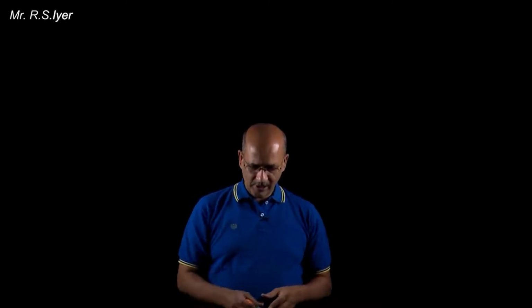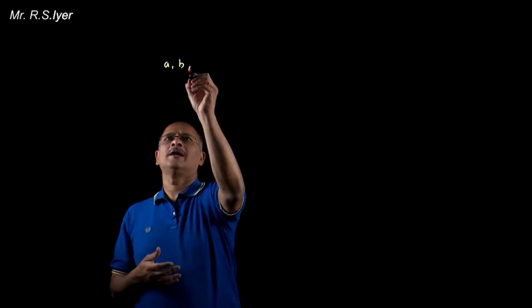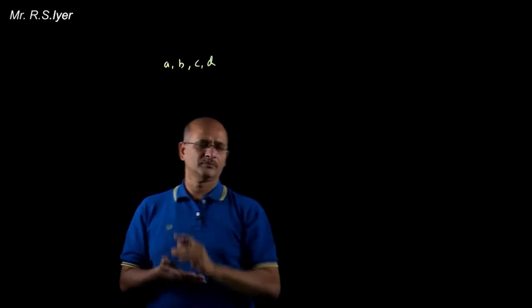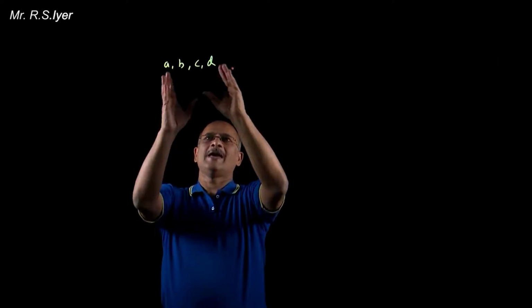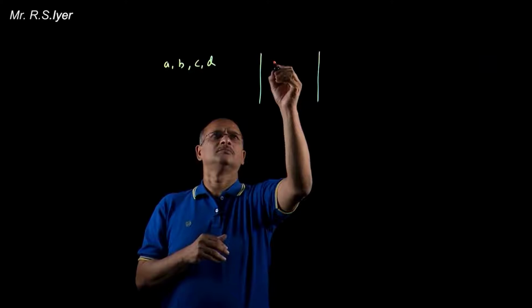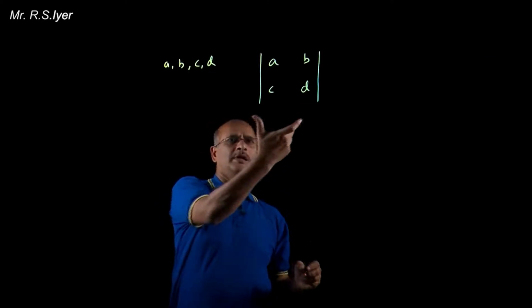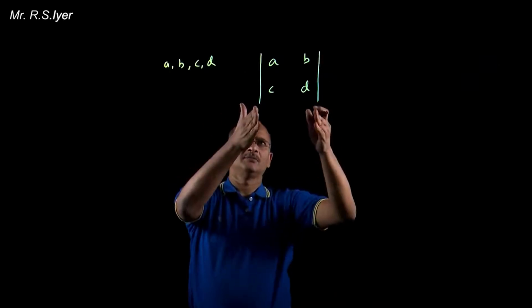A determinant is nothing but an arrangement of numbers or variables, whatever stuff it is. Say for example, A, B, C, D, I consider it as a number. I arrange these numbers in rows and columns in between vertical bars.